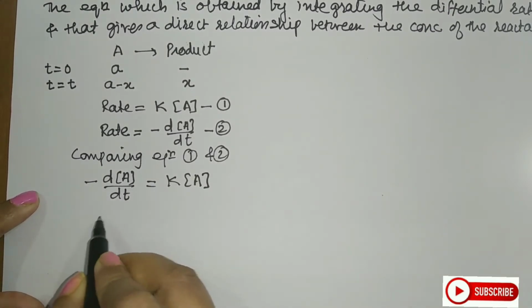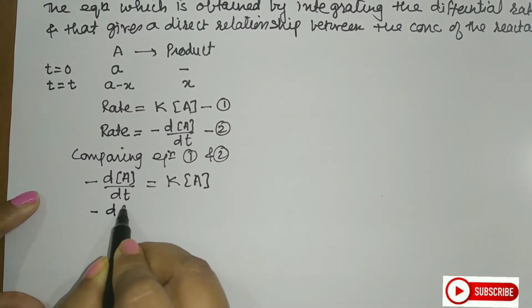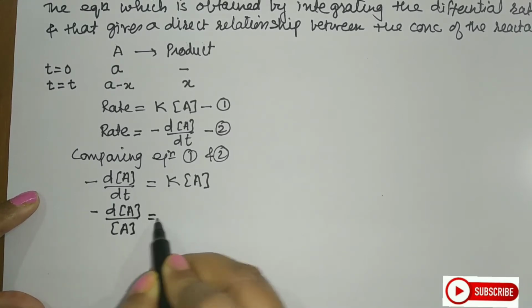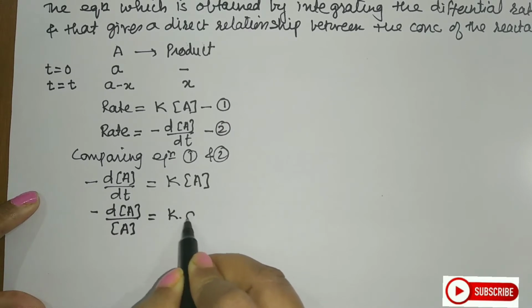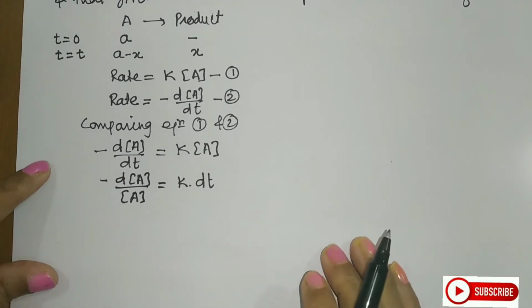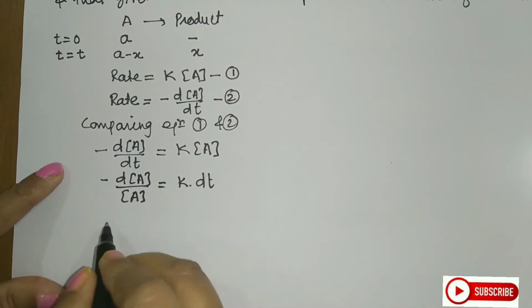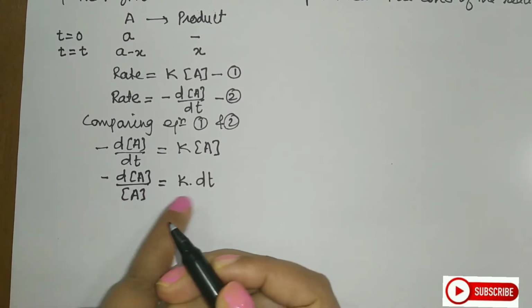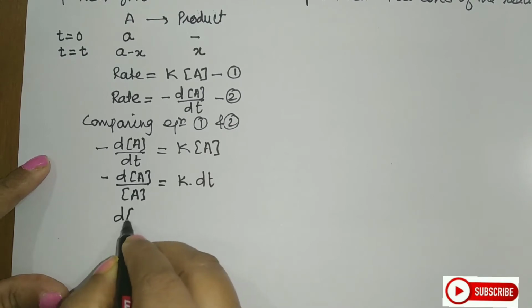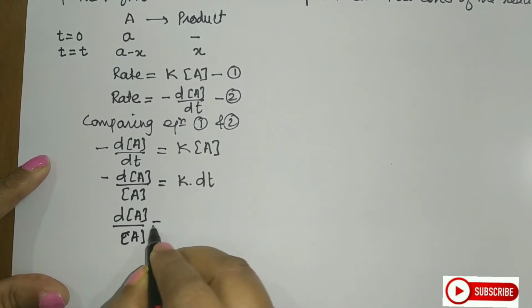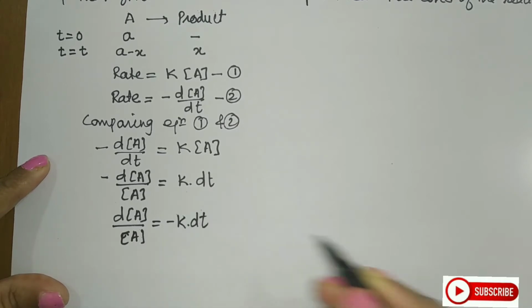So rearranging the equation, you get minus d concentration of A upon A is equal to k dt. Now next step, I'll bring this negative sign to this side. So you can combine both these steps here. So I'm writing this in detail, d concentration of A upon A is equal to minus k dt.